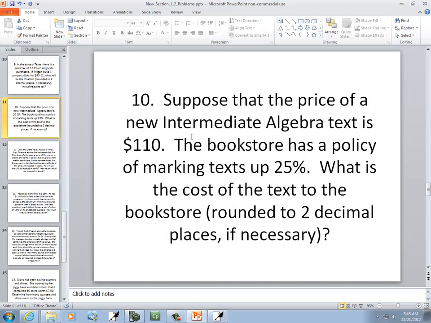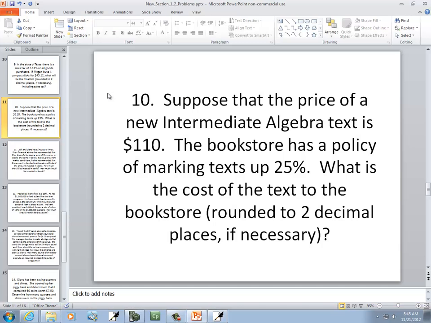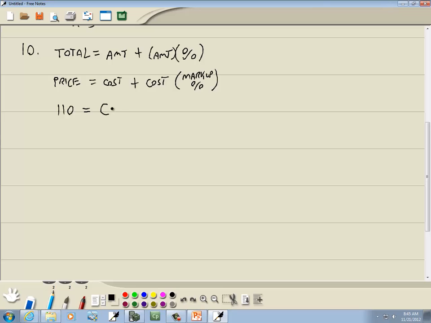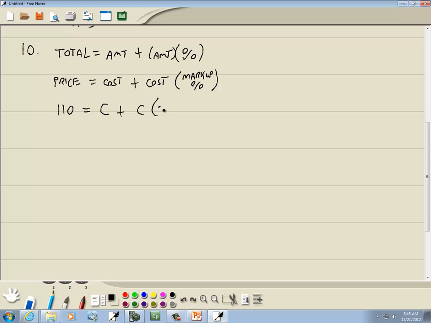And it says the price of the Intermediate Algebra book is $110. Now cost is what they're wanting us to find, so that's a variable. I'll put C there. Then this will be C times markup percent, which is 25%. Again, we do not want percents. We immediately want to change them to decimal form for purposes of calculation.